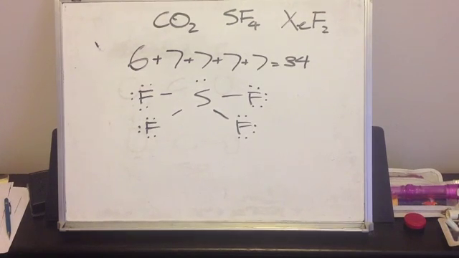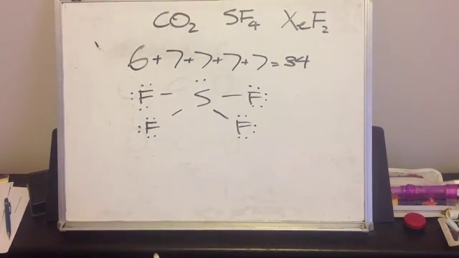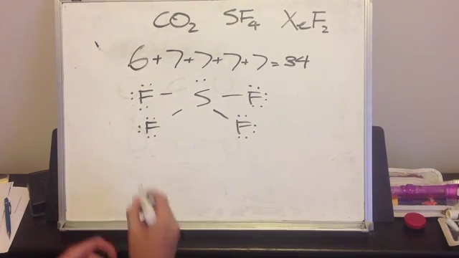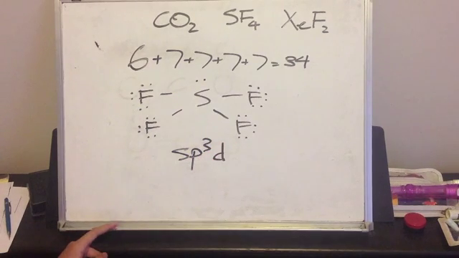geometry. And also from this, we see that it has 5 electron domains, meaning that it has a hybridization of sp3d.